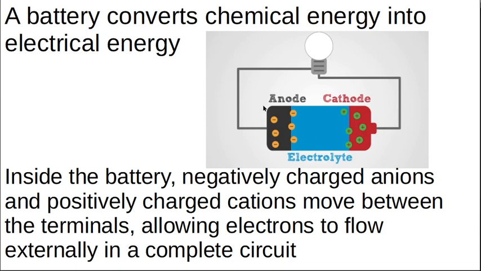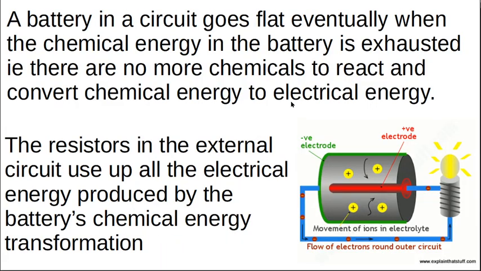The anions and the cations move between the positive and negative electrodes, and then the electrons complete the circuit externally.